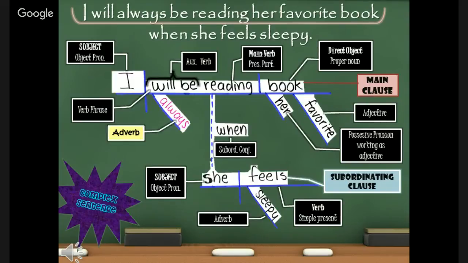Then we have when, that is a subordinating conjunction. And the subordinating clause is she feels sleepy. She is the subject and is also an object pronoun. Then we have feel, that is the verb and it is in simple present. Sleepy is an adverb. This sentence is also a complex sentence.